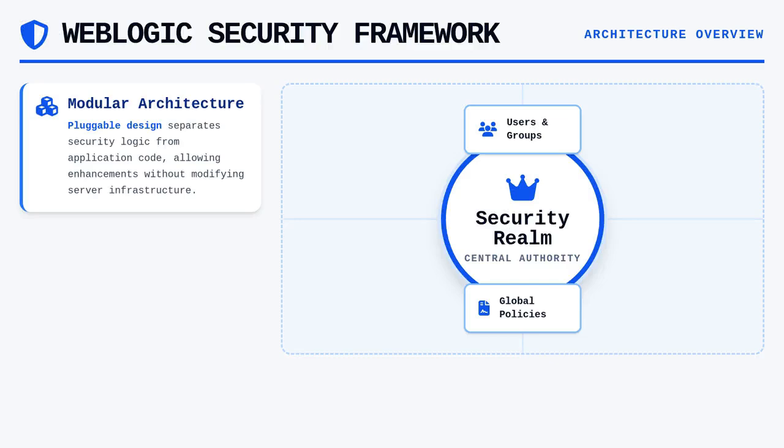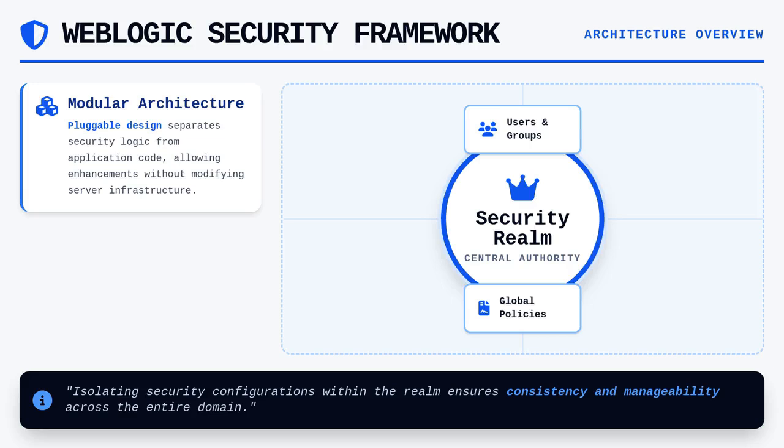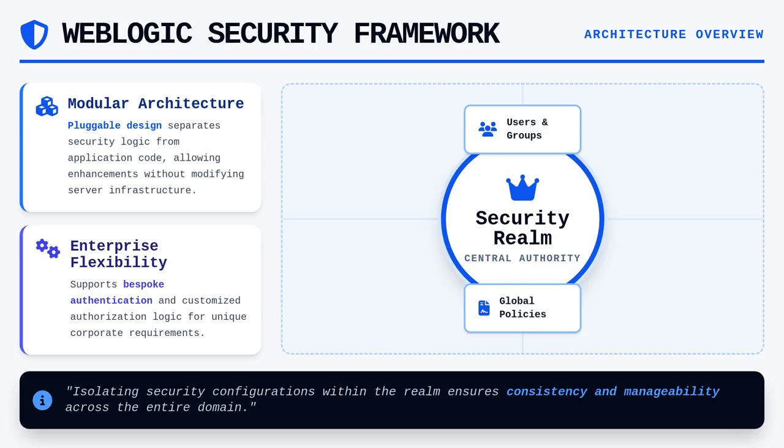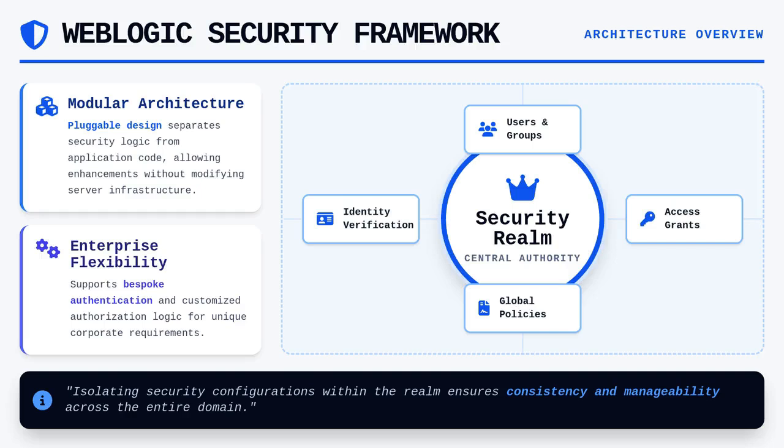By isolating these definitions within the realm, WebLogic ensures that security settings remain consistent and manageable across the entire domain. This modularity is not just a structural choice, but a functional necessity for enterprises that require bespoke authentication or authorization logic. When you interact with a domain, the security realm acts as the central authority that coordinates how identity is verified and how access is ultimately granted.